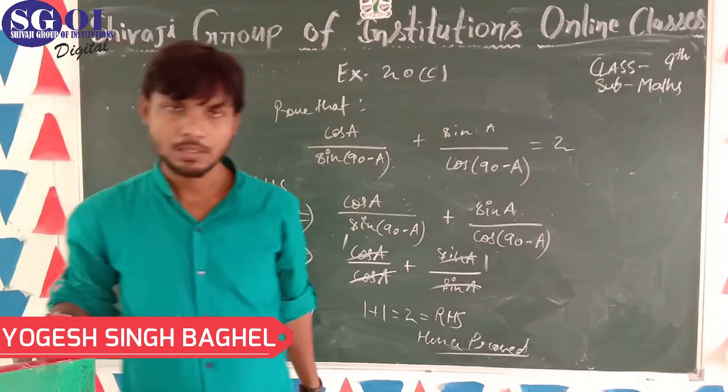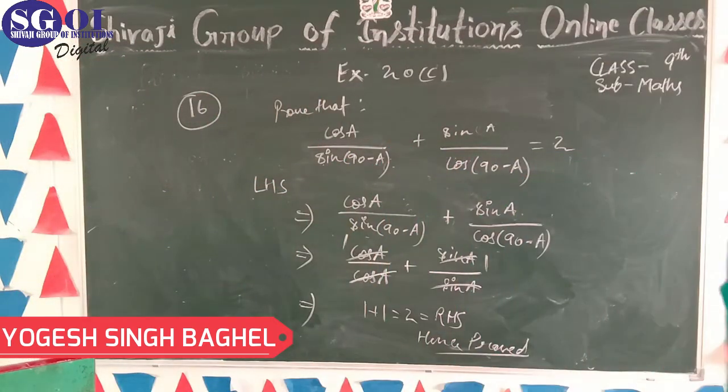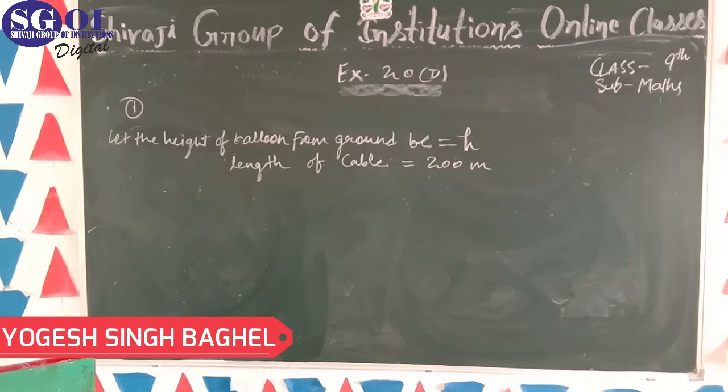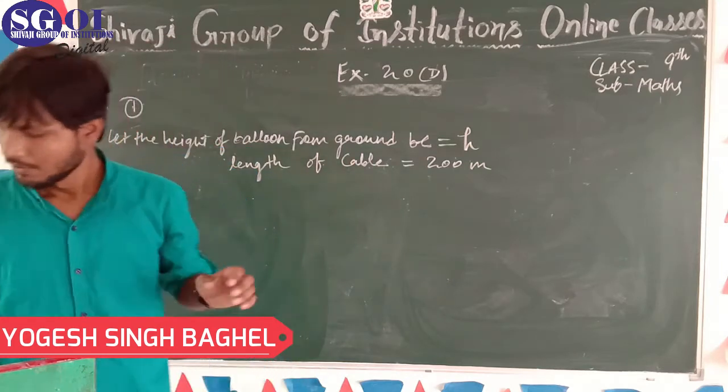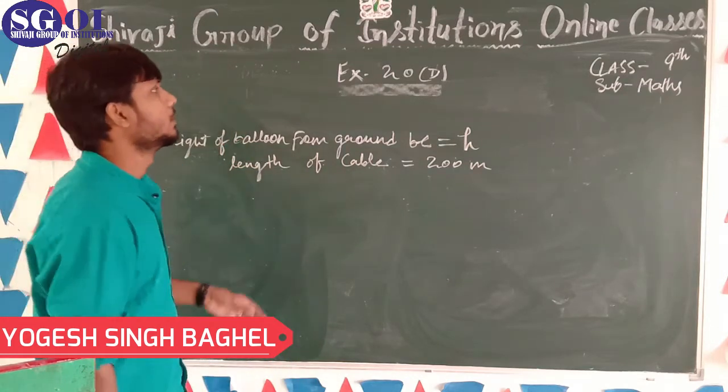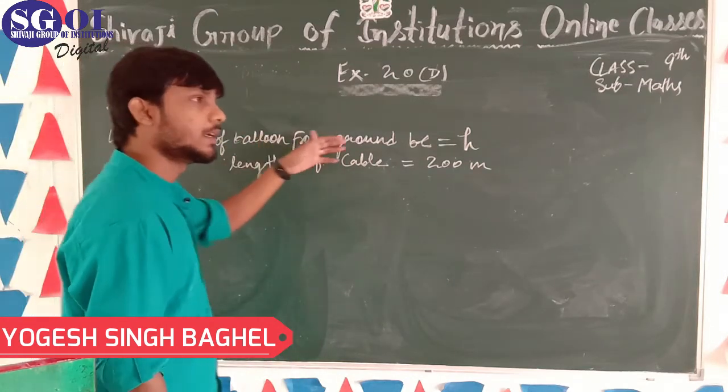Now we move to the next exercise, exercise 20D, at page number 257, which is based on height and distance.